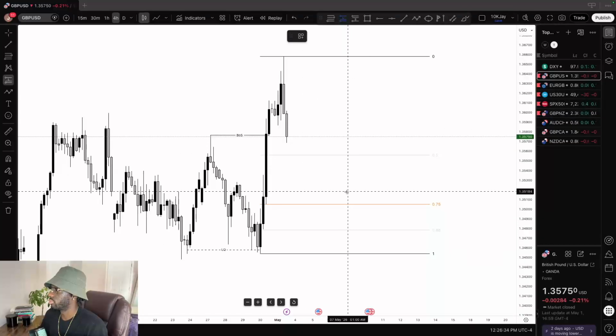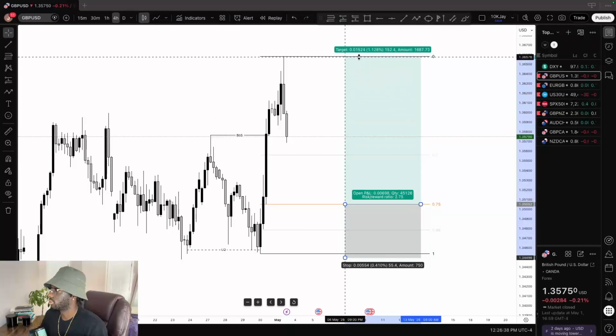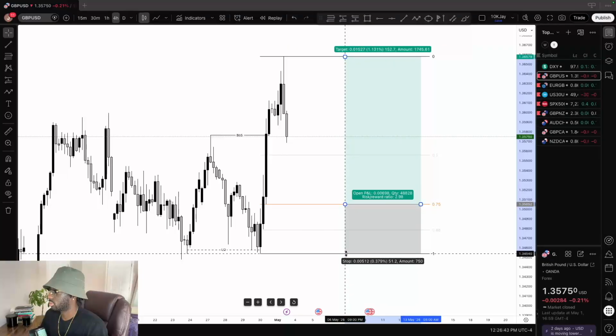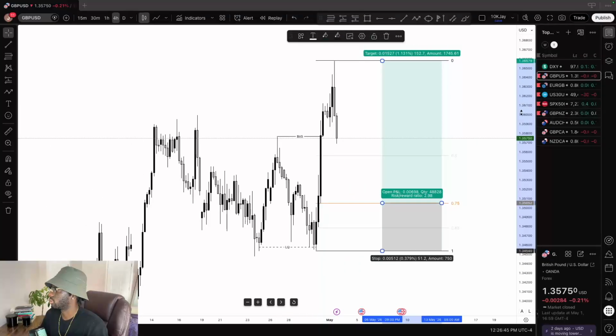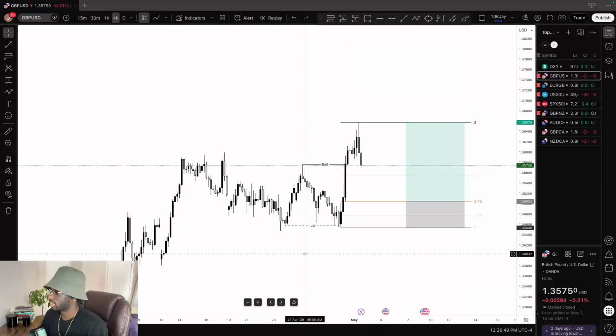So I'm just gonna wait for price to pull back. It's my entry. TP. Stop loss. So that's my setup on GU.